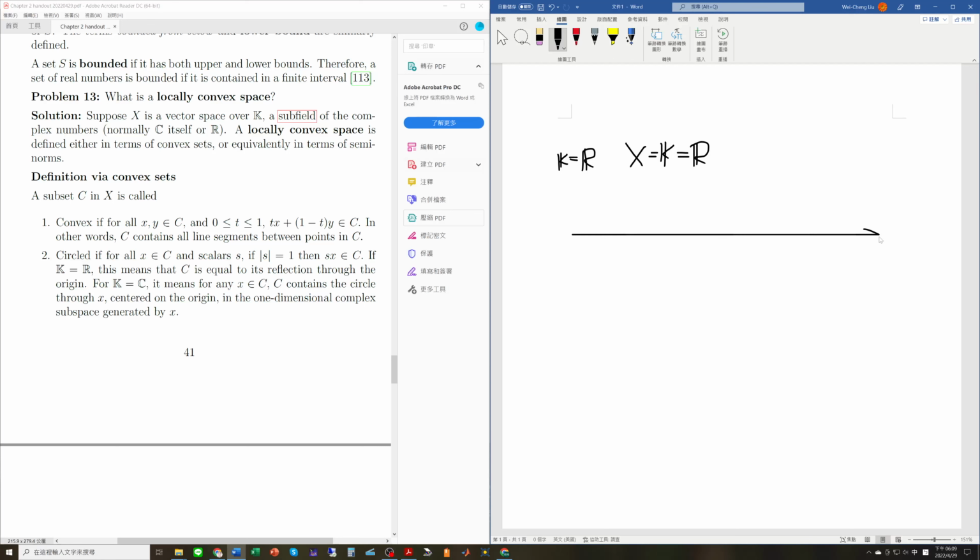Again we can plot the line of the real numbers, the origin and the point x, like this.